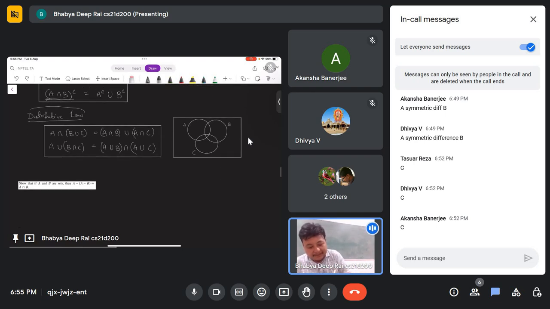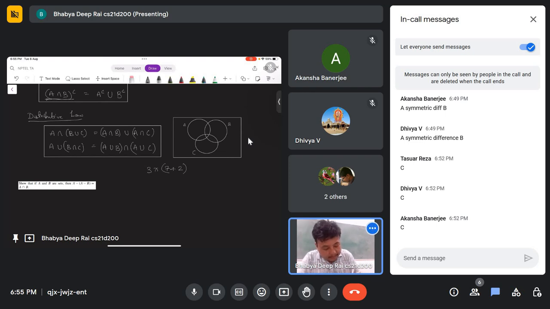This is what is called the distributive law, and it is still pretty simple. What does the distributive law say? Even before showing the distributive law for sets, I'll just show you how the distributive law works for integers. So let us say I have 3 times 7 plus 2.